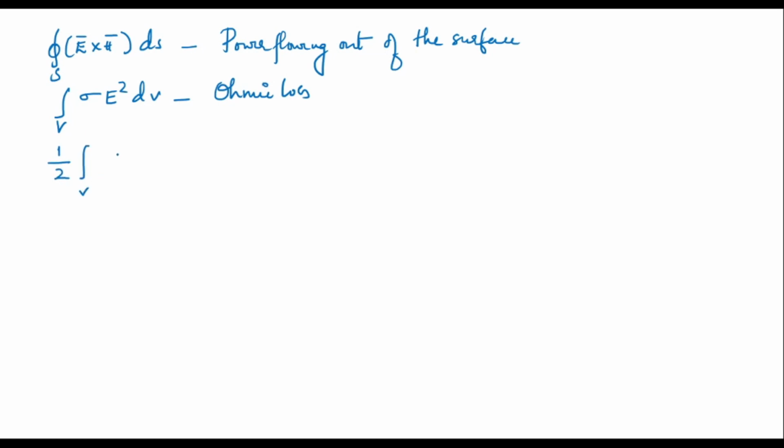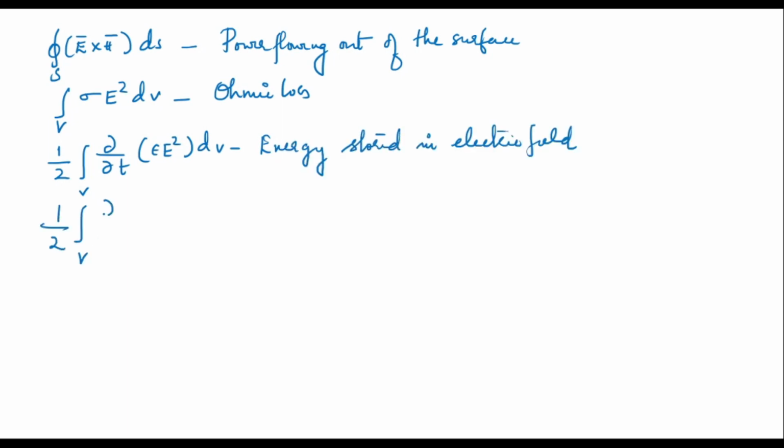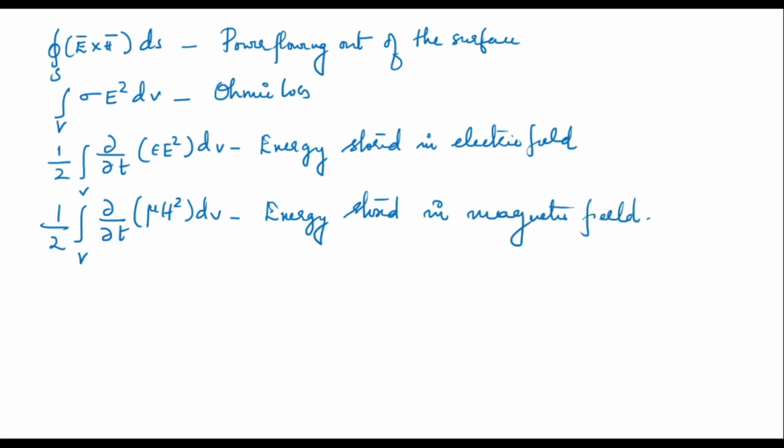Half into integral over V dou by dou T of epsilon E square dV shows the energy stored in the electric field. And the last one, half into integral over V dou by dou T of mu H square dV shows the energy stored in the magnetic field. Okay, so the concept is the power flowing out of the surface is the sum of ohmic loss plus energy stored in the electric field plus energy stored in the magnetic field.